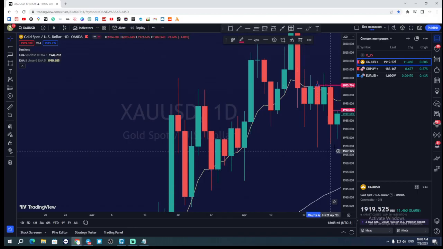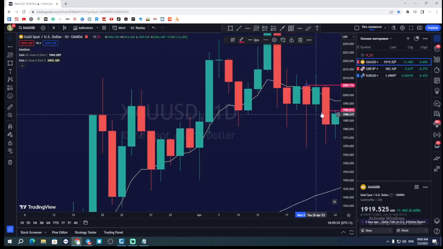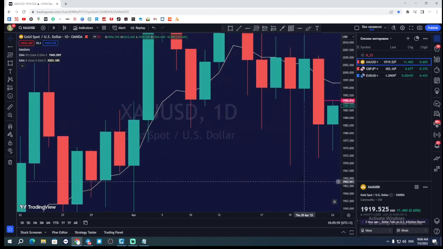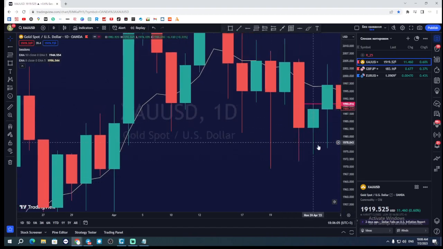So I would say if we break this one, I'm going to take buys from here, because this is a rejection candle. And the sellers weren't so in charge on this day, so this is a good sign for the bullish move for the next day. They went down and then smash.